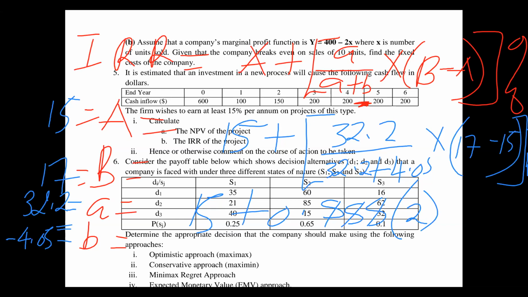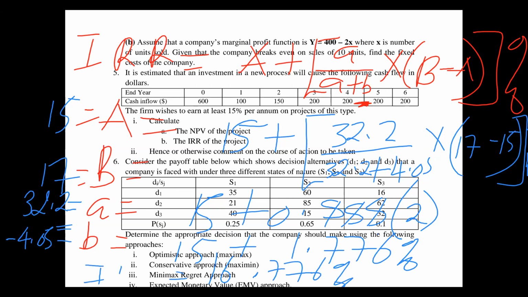When you multiply 0.888 times 2, it gives us 1.776%. Add everything, 15 plus 1.776%. That should give us IRR equal to 16.776%. If you want, you can still round it off to 17%. Is that clear? Yes, sir. That is our internal rate of return.